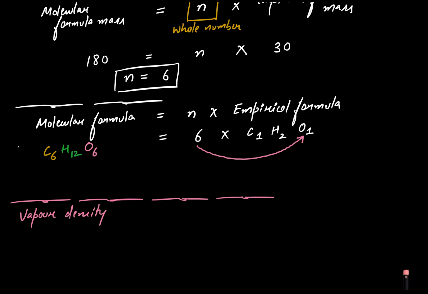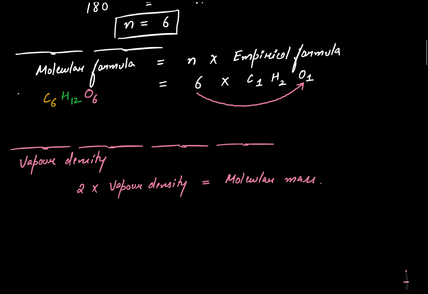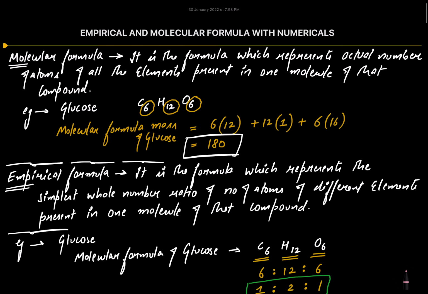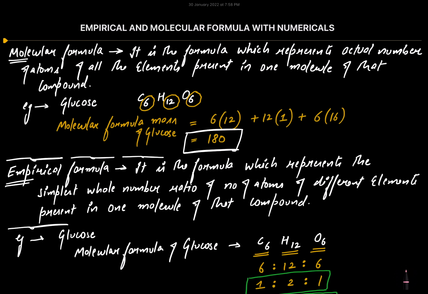The relation is 2 into vapor density will always be equal to the molecular mass. I have told this because it will be very helpful while solving the numericals. So my dear students, hopefully you got the empirical and the molecular formula.